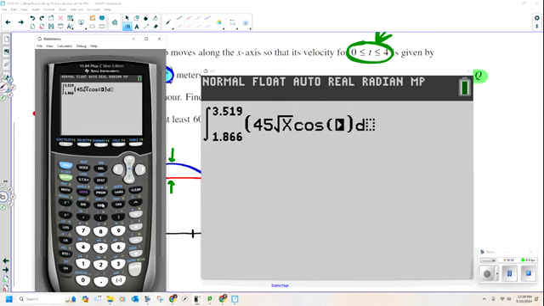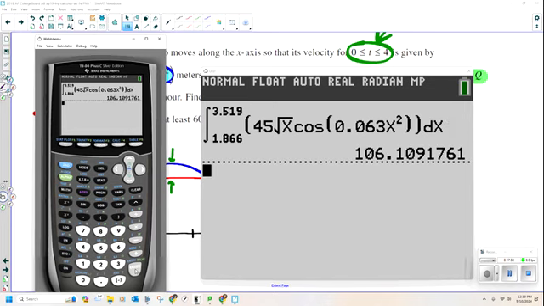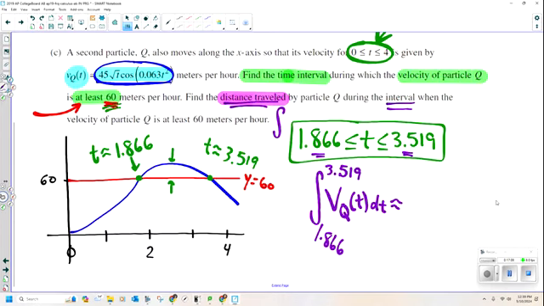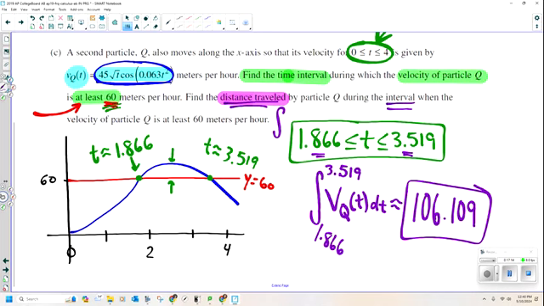Make sure you are outside the radical. 0.063 x squared. Close that parenthesis out. Dummy variable. Let's see what it gives us. 106.109. I'll take it. There we go. And we're done with 1C.